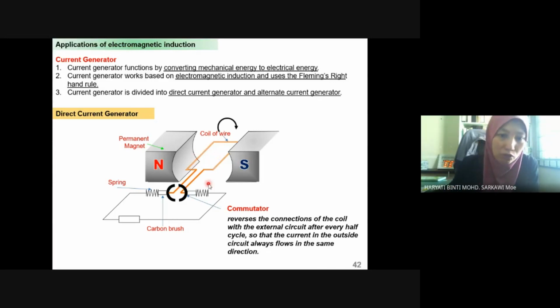Current is produced inside. Same goes for nuclear energy that produces electric energy. The nuclear energy produces heat, that heat changes water to steam, and the steam rotates the turbine. The turbine rotates, cuts the magnetic field lines, and the process continues.